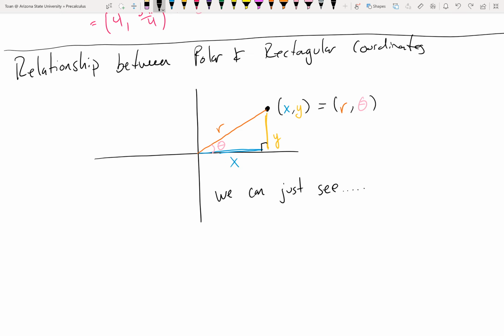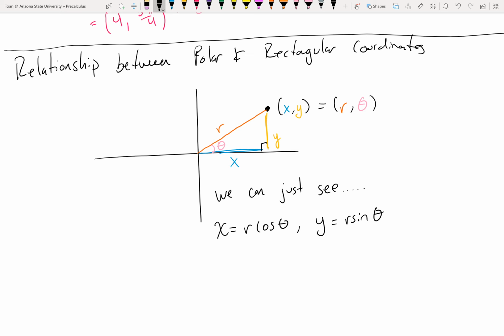That is clearly cosine. So we can just see that x is r cosine theta, and then y is r sine theta. These aren't anything new. We developed these relationships back in Unit 5, 6, and 7. So these are the relationships that you would use if you want to go from polar to rectangular.